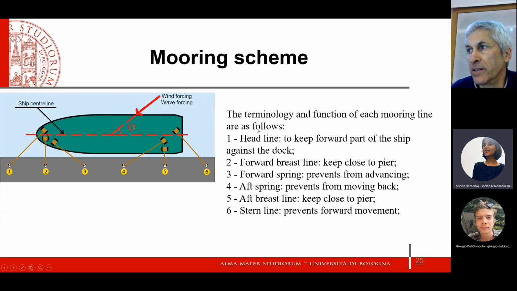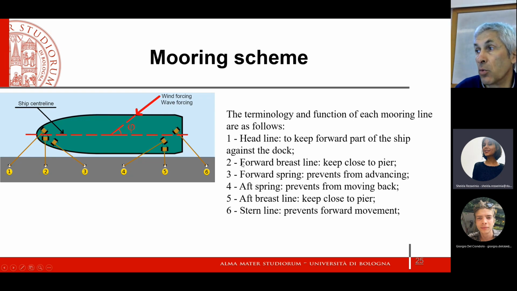Okay, let's also look at this terminology. Headline is spring line number 1, to keep the forward part of the ship against the dock, and the counterpart is number 6, the stern line, which prevents forward movement. So these are the two extremal lines, and then we have these lines that are perpendicular to the berth.